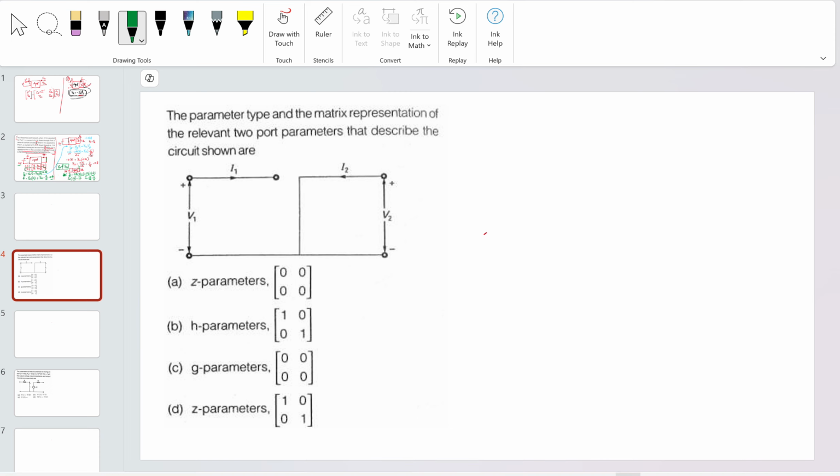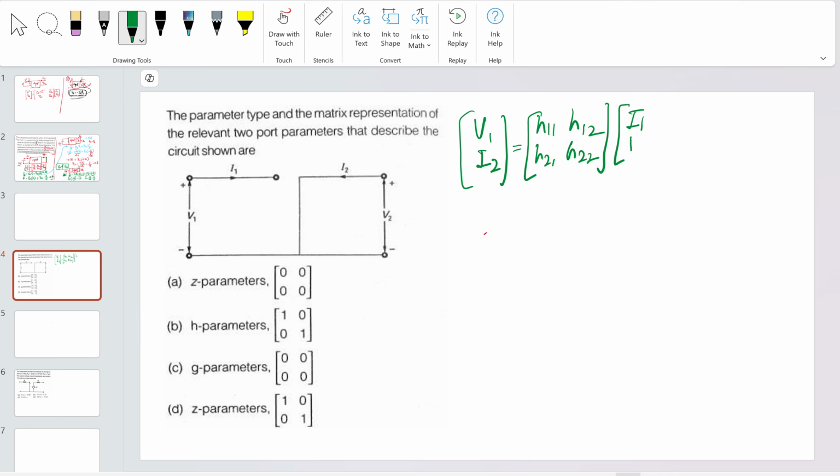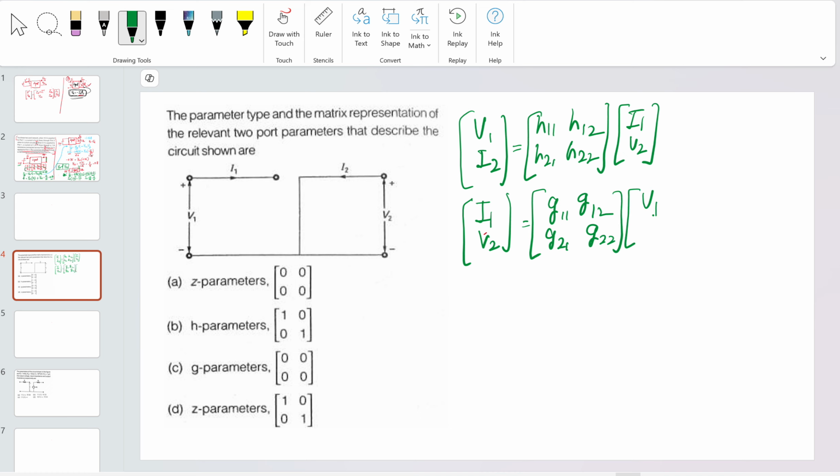Z you already know. H is basically [V1; I2] equal to [H11 H12; H21 H22] times [I1; V2]. These are the input and output values. For G, it is actually [I1; V2] equal to [G11 G12; G21 G22] times [V1; I2].